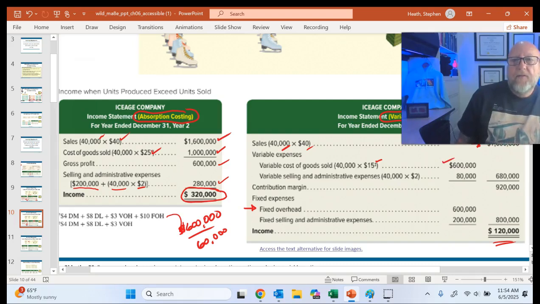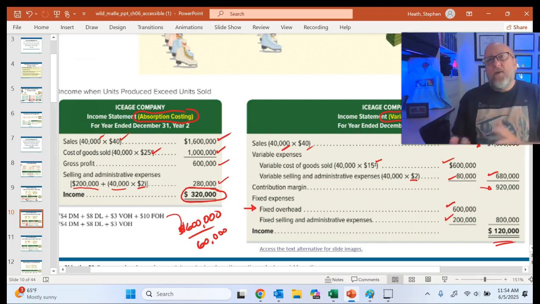And then I'm going to account for all the variable SG&A, $2 per unit times 40,000 units for a total of 80,000, for all variable expenses of 680,000, and therefore our contribution margin is 920,000. Then, like we said, we're going to treat all fixed expenses as period costs, regardless of whether it's manufacturing or SG&A.